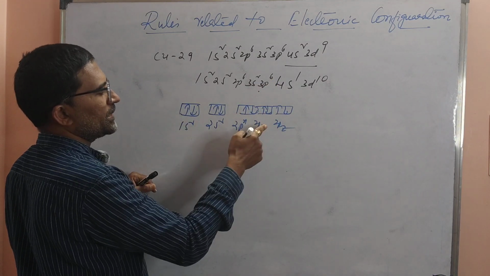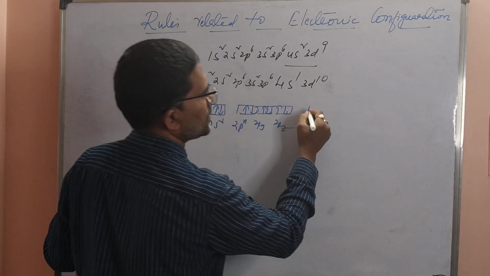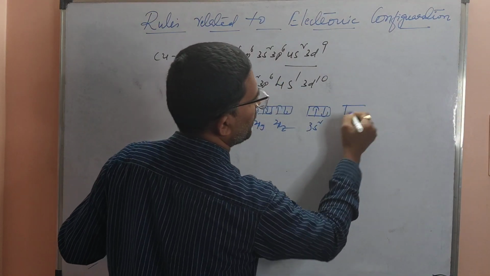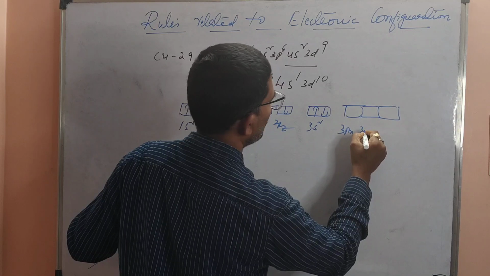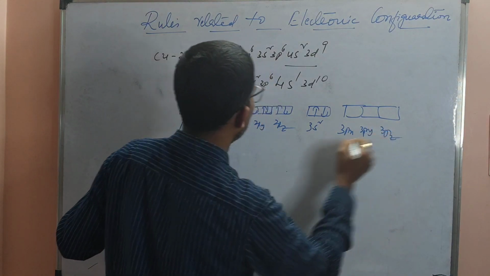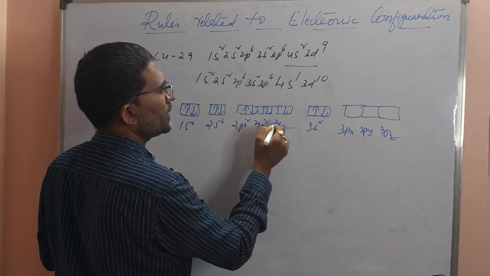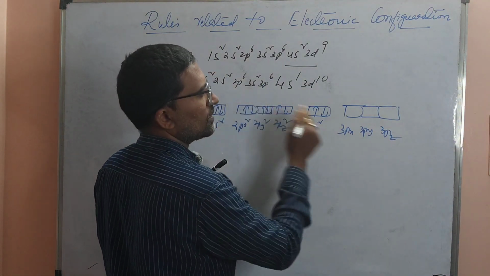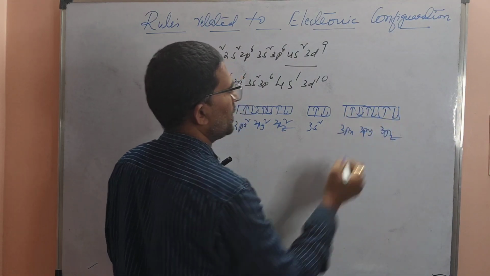Up to here, how many are completed? 10 completed. Next we have 3s2, 2 electrons, and in 3p also, in the same fashion, 3px, 3py, 3pz. Out of 6 electrons, first 1, 1, 1, then only the pairs.